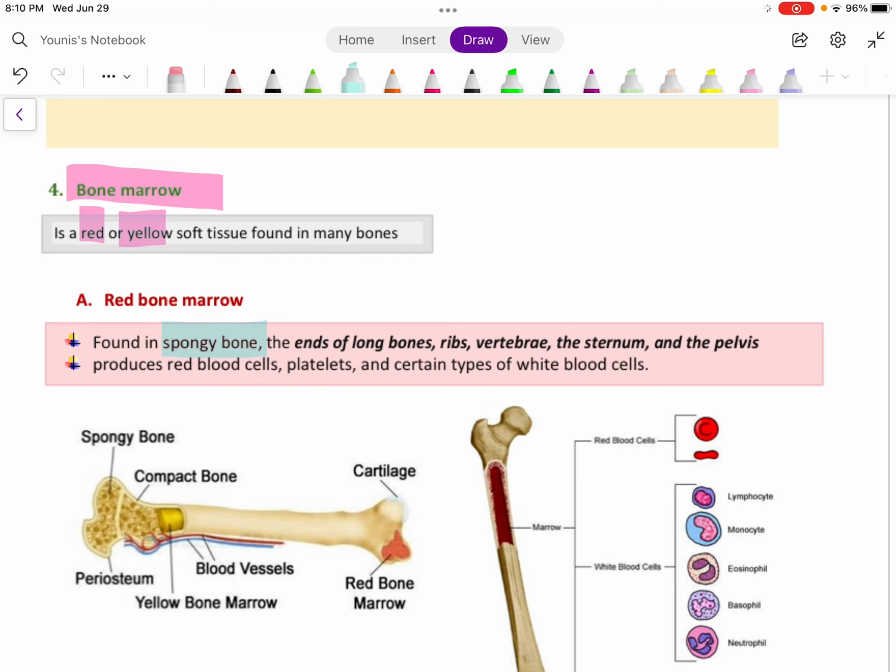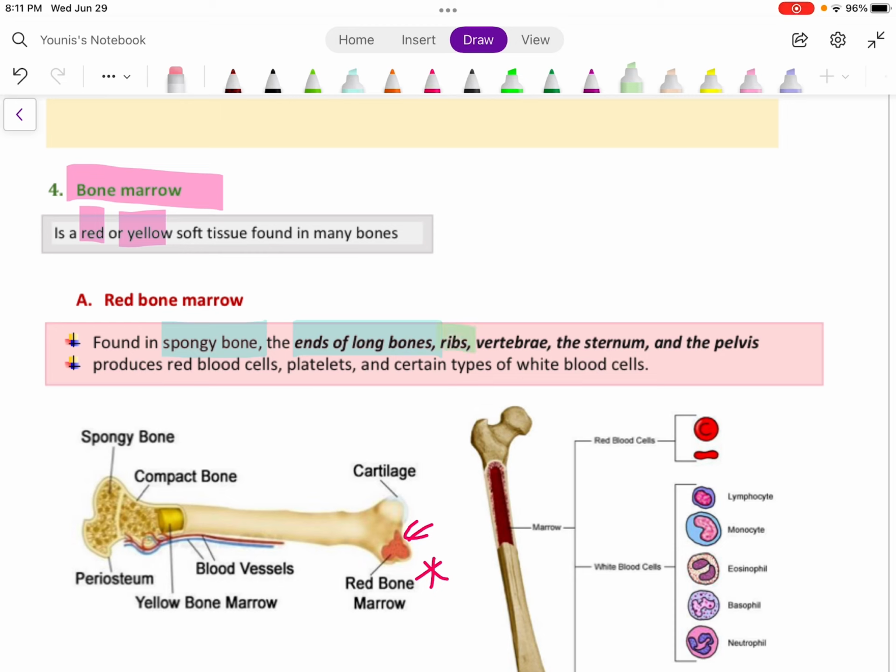And where else? The ends of long bones. If you just look at the figure below, you see this is the end of the long bone, and this is where the red bone marrow is located. Where else?